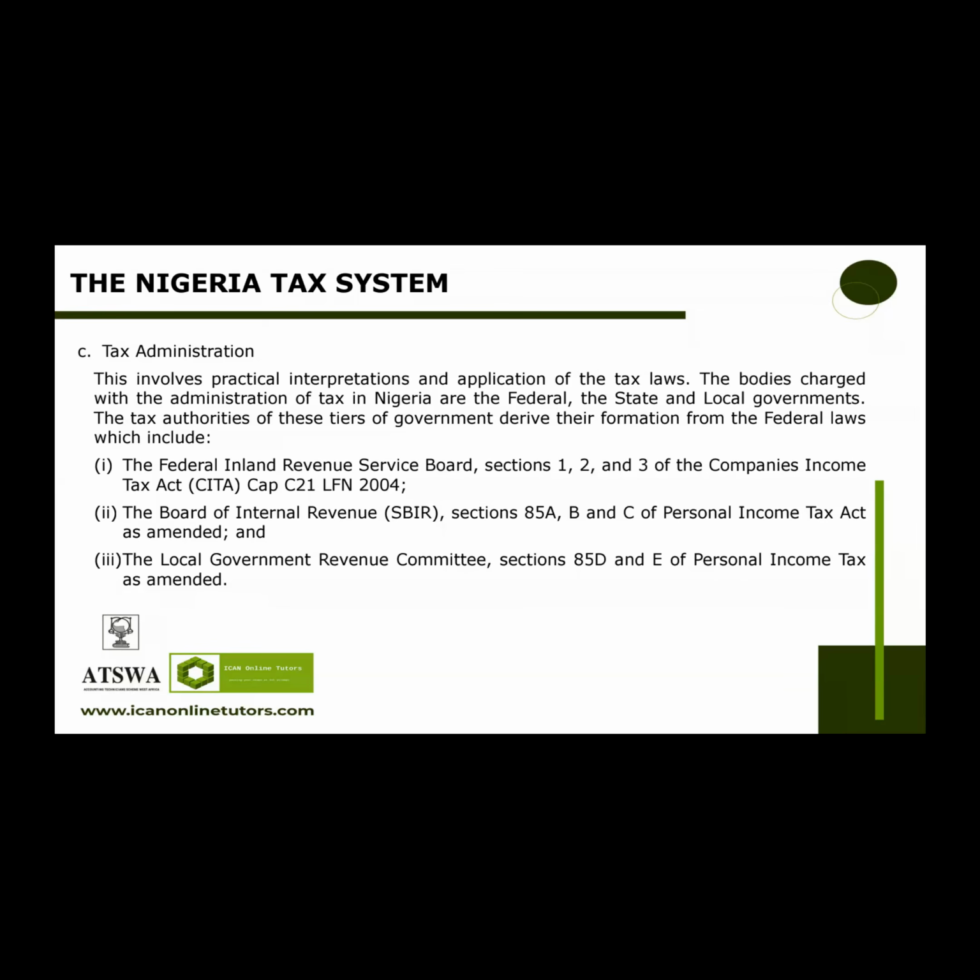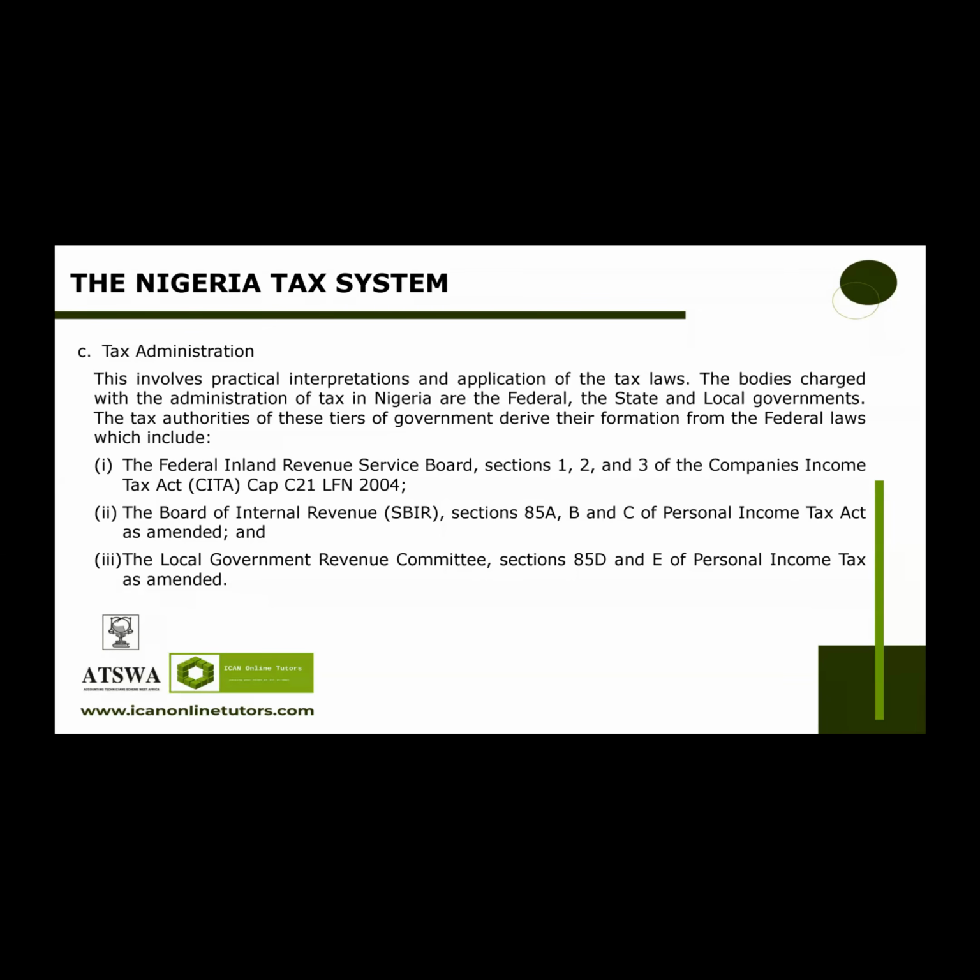Are we together? Okay, so just like we mentioned at the start of this class, in Nigeria we don't have a centralized tax administration such as that of Ghana. In Nigeria, each tier of government has its own tax administrator.